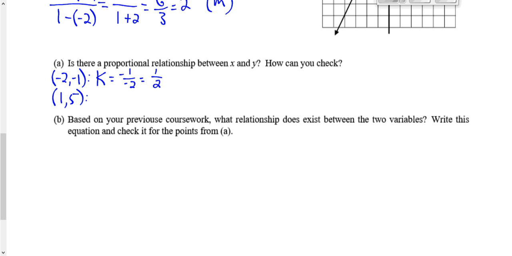All right. So k for this would be what over what? I mean 5 over 1, which is actually 5. So do they have the same constant of proportionality? No, right? So the k's are different.